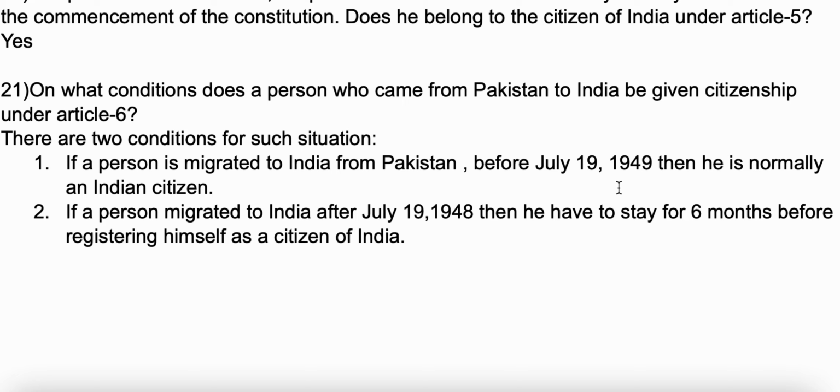If he comes like that, then he is normally an Indian citizen. And the second thing is, if a person comes to India after July 1948, then before applying or registering himself as a citizen of India, he must stay in India for 6 months. These are the two conditions under Article 6.